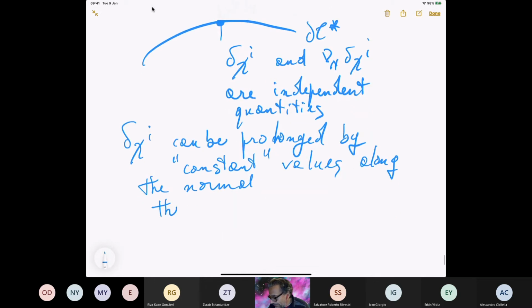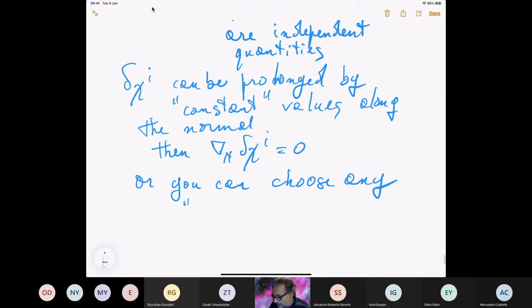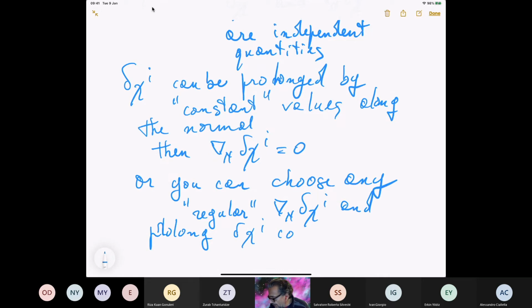Then grad normal delta Ki is 0. Or you can choose any regular grad n delta Ki and prolong delta Ki correspondingly.